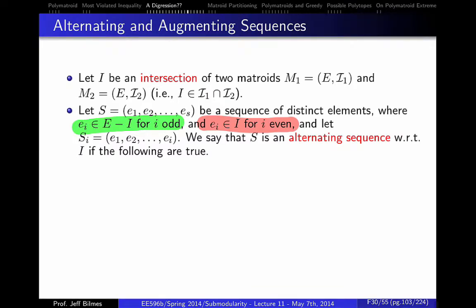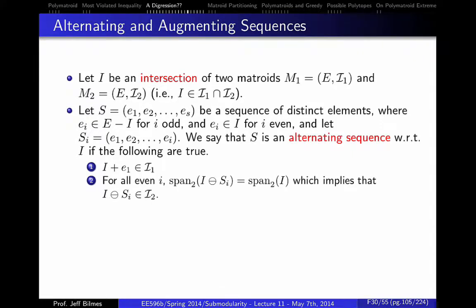So we're going to say that S is an alternating sequence if the following is true: if the first addition is independent in I1, and if for all even i, the span according to Matroid 2 of the symmetric difference of I and S_i. So S_i is the partial accumulation; you're creating essentially a chain of sets from this sequence. This implies, therefore, that at every even point, if we take the symmetric difference, we're independent in Matroid 2.